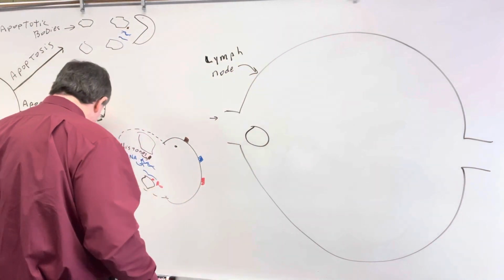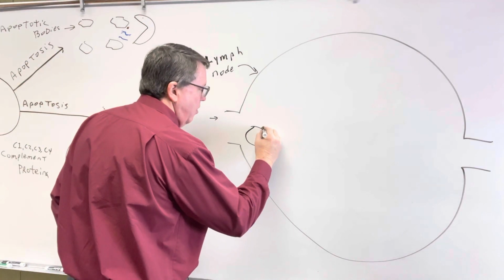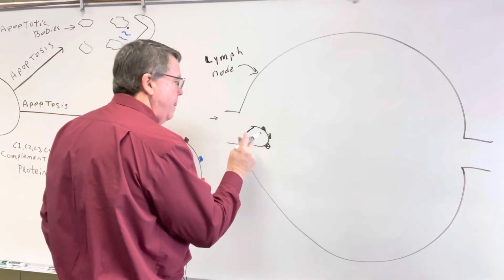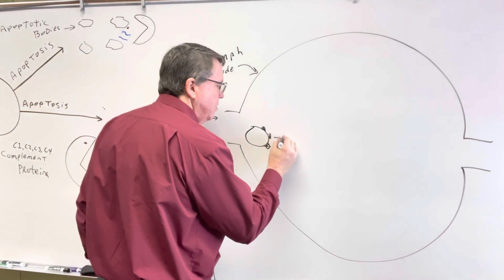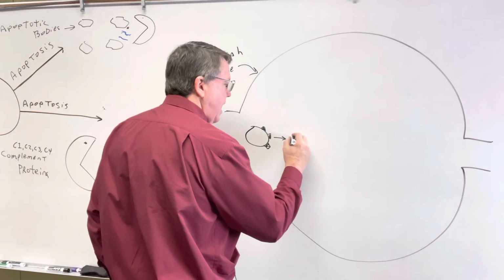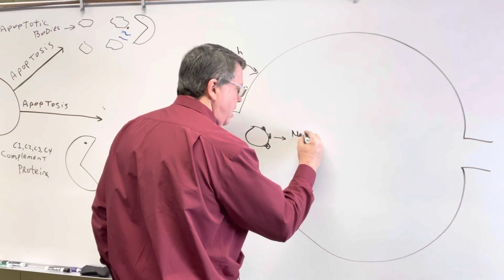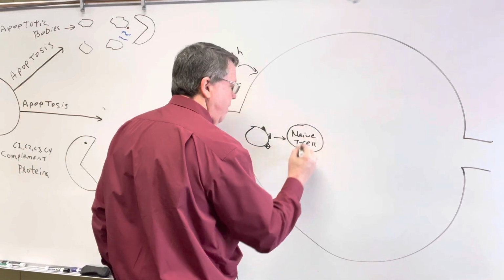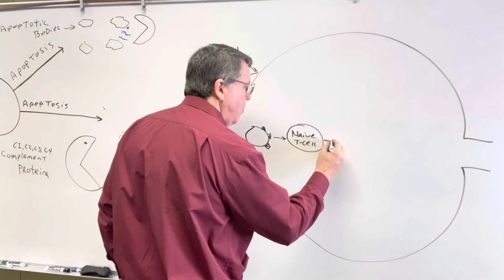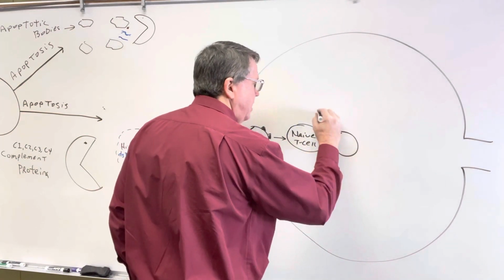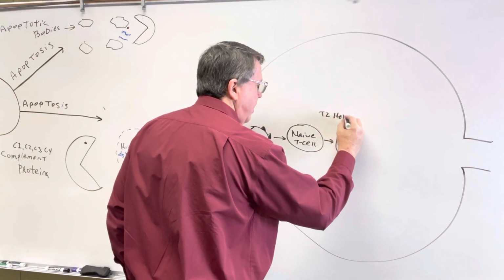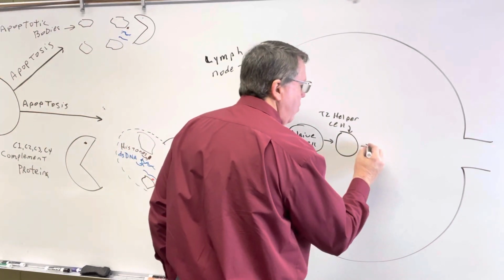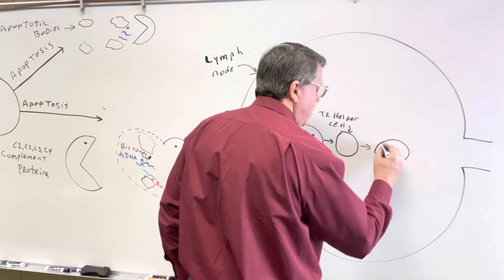And then, let's just say these are all my antigens here. I'm not going to use the different colors just to save time, okay? But this is going to be my macrophage. What it's going to do is attach to a naive T cell, right? Here's my naive T cell. And then the naive T cell is going to go on to become a T2 helper cell. The T2 helper cell is then going to go and activate B cells.